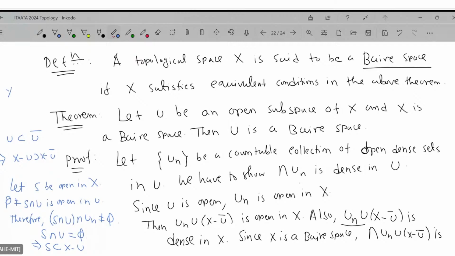X minus U contains X minus U closure, correct? So X minus U closure will contain X minus U. Oh no, actually, repeating it is the same thing.